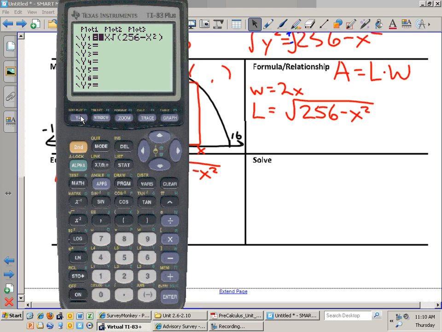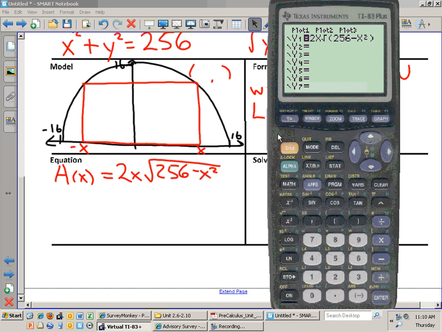Now, to help you out, again, let's look at our viewing window. What is the largest x value that you could have in this situation? 16. What's the smallest x value? 0. Because Whitney, if this was say 0 here, then this would be 0 over here as well, because that's a distance.